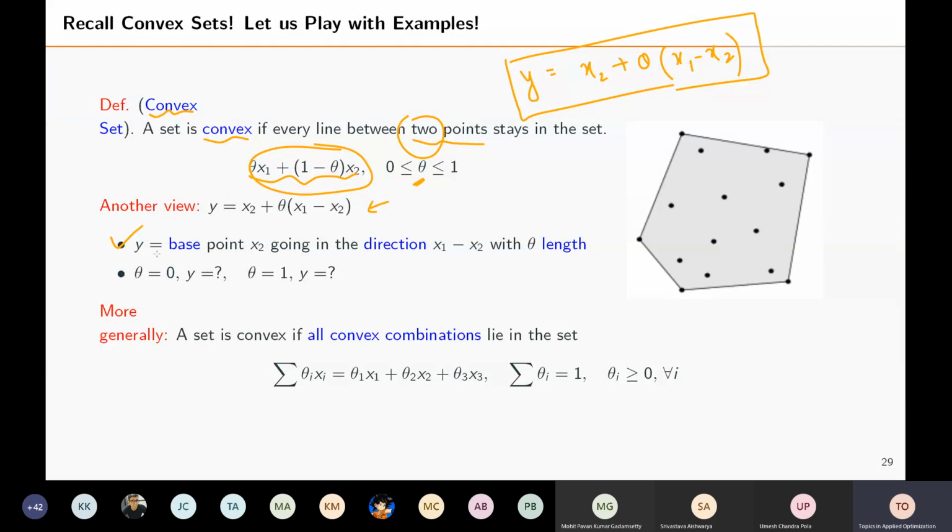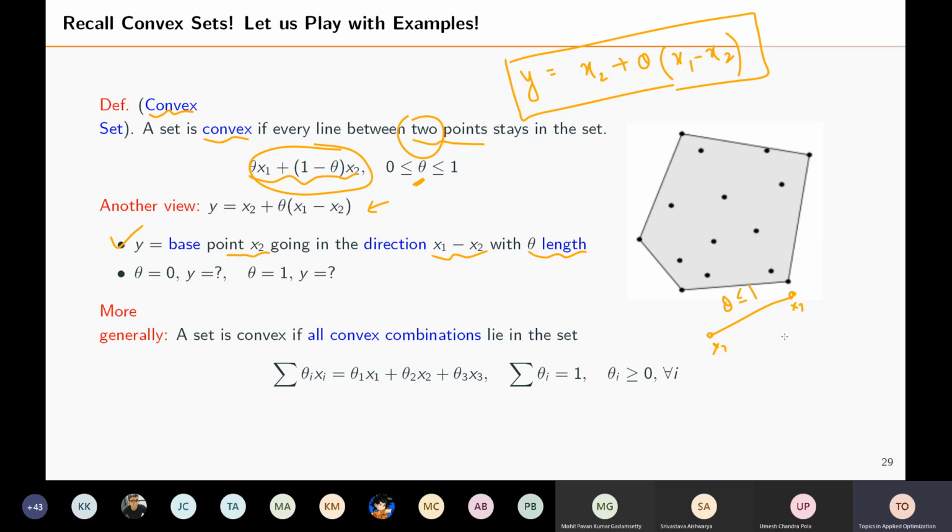So your base point is x2, and then you are going in the direction of x1 minus x2 with length theta. Since the line stops at x1, theta is less than or equal to 1.